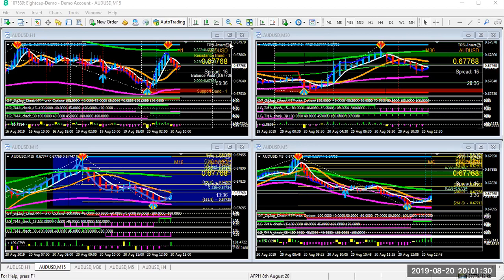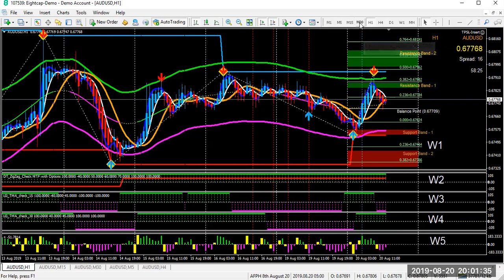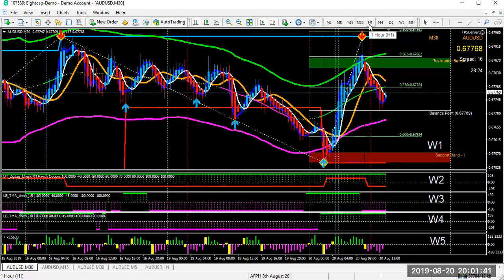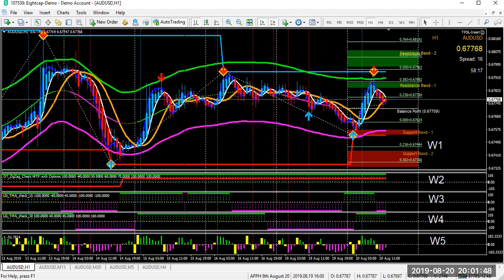In the meanwhile, I'll just check to see if my charts are refreshed. Just move down a time frame, back up one, and do that as well.